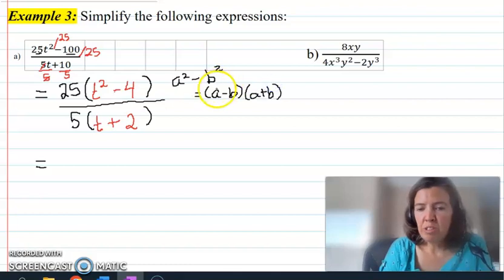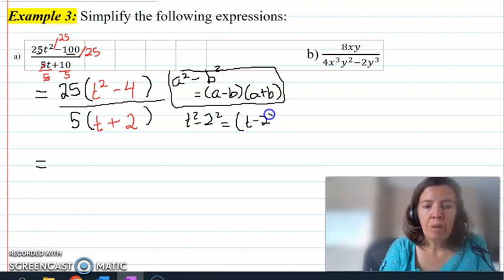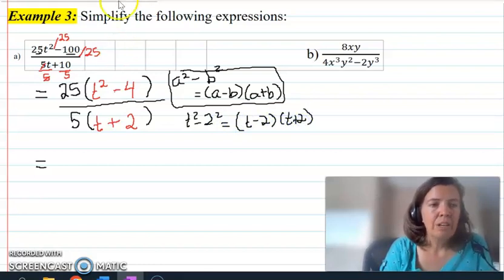So t squared minus 4, that's t squared minus 2 squared, so that factors as t minus 2 times t plus 2.